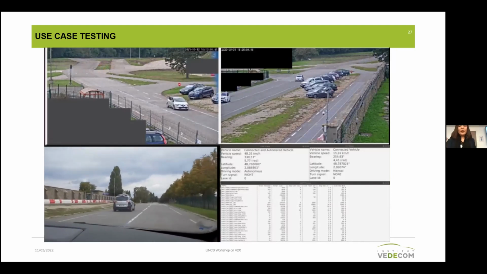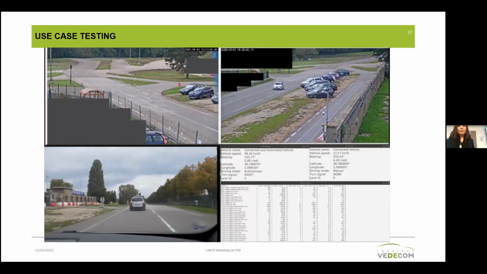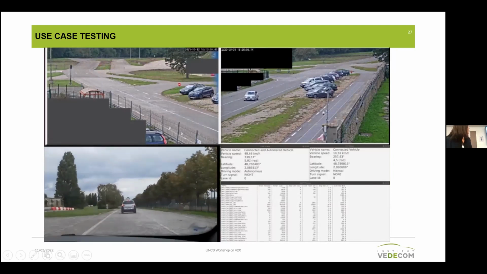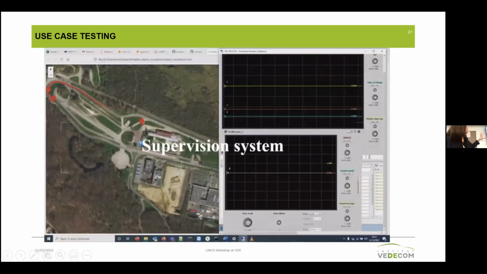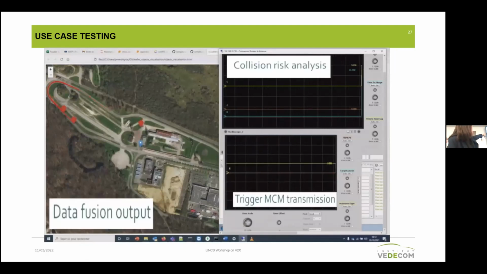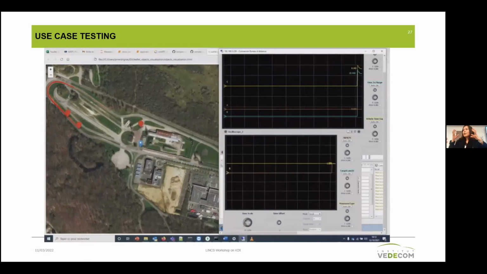Now the supervision system. On the leftmost side we have the data fusion output. It shows how many vehicles and what objects we have.